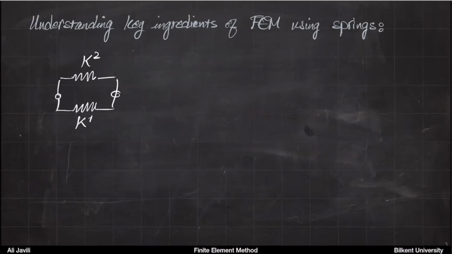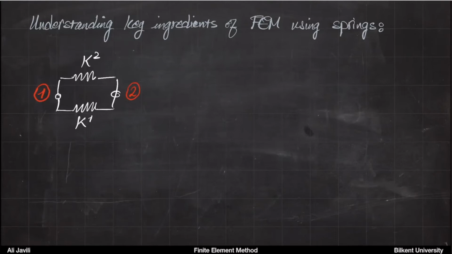So here you have two elements, but you should also distinguish between nodes. So the left node, we call it node 1, the right node, we call it node 2.